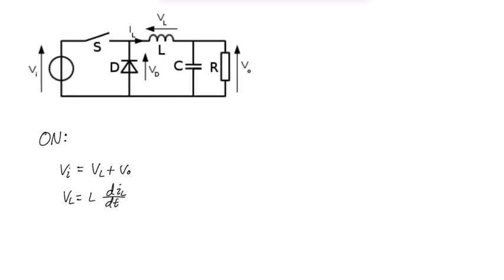And this can also be written as L multiplied by the change, just numerically, right? So what we want to do here is to find the change of current going through the inductor. Because in steady state, we want the change of current in the inductor when it's on to be equal to the change of current in the inductor when it's off.